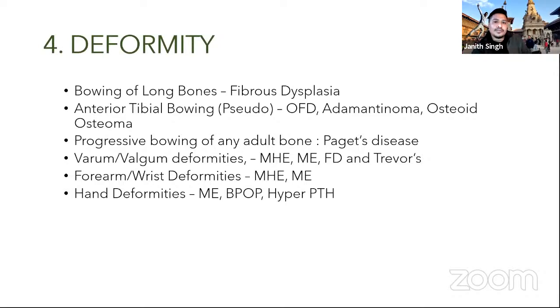So it can happen due to OFD in kids or adamantinoma in adults. Long-standing osteoid osteoma with a lot of sclerosis can also cause pseudo tibial bowing. Progressive bowing of any adult bone is usually due to Paget's. Varus, valgus deformities, forearm and wrist deformities, and hand deformities are usually caused by chondroid tumors.